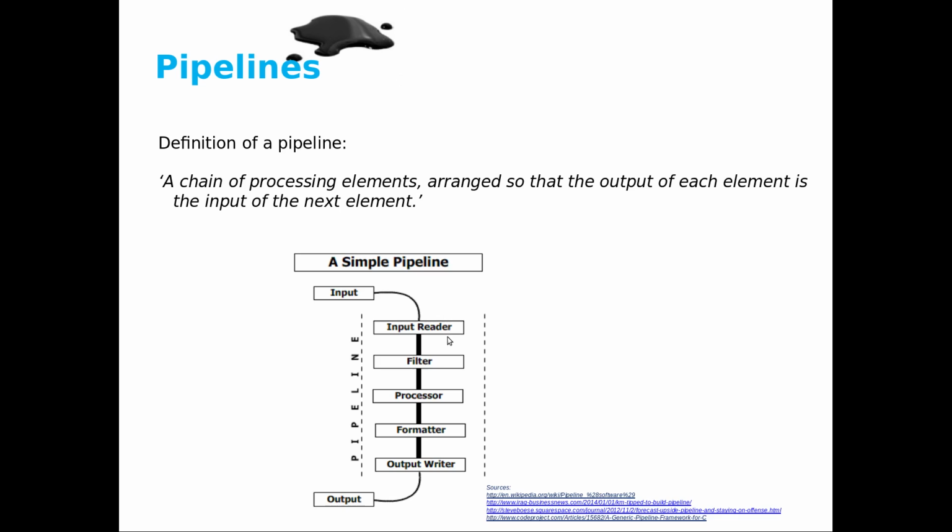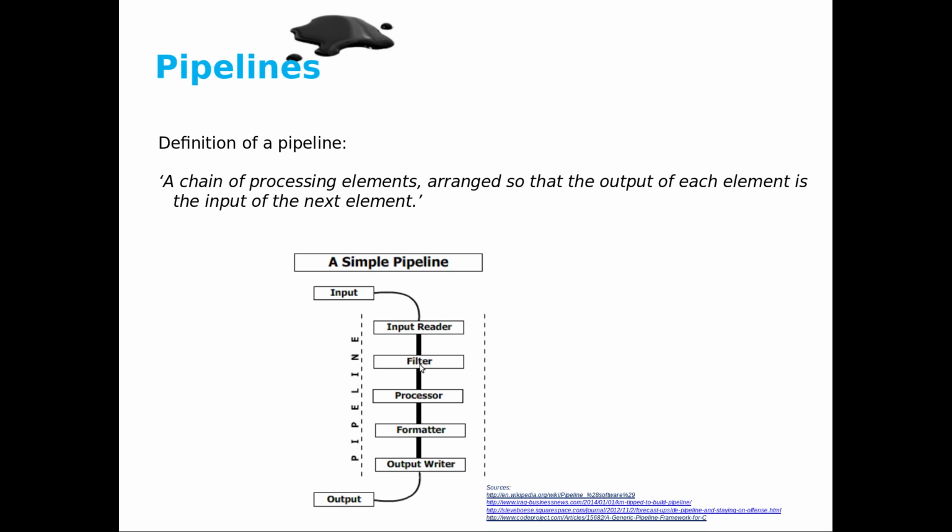Here, a simple pipeline is shown. What does this pipeline do? It has some input, and that input is given to the process input reader. The input reader processes and analyzes the input and gives its output as input to the process filter.